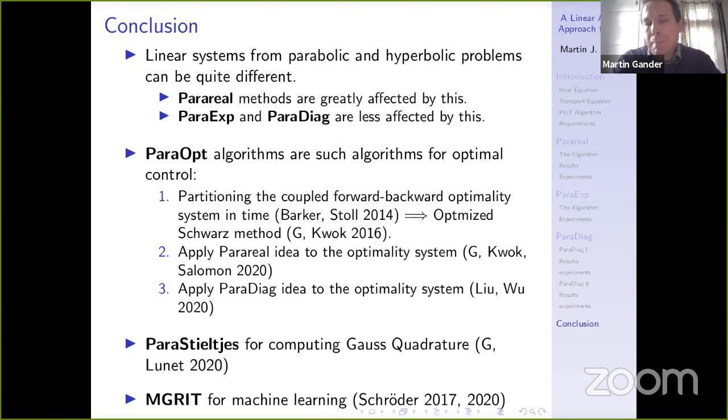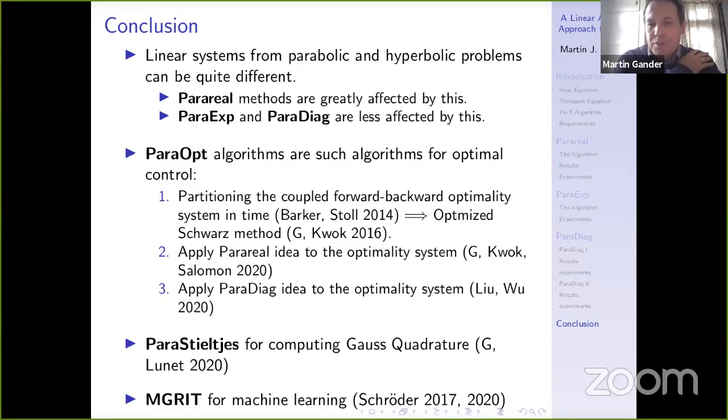Cleve Muller asks whether there are Parareal algorithms for tensors and neural nets. That's a good question. There is this MGRIT variant that has been used for machine learning by Jakob Schröder. The way he explains it, when you have a deep neural network and you do the learning, you have to go forward and backward through these layers of the deep neural net.